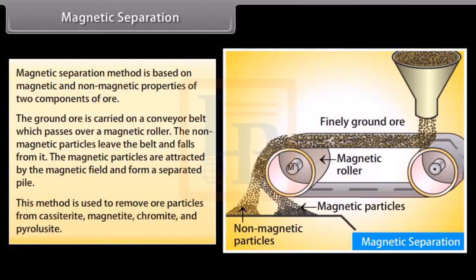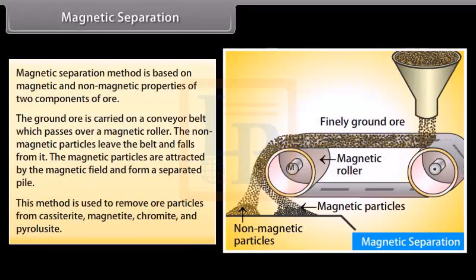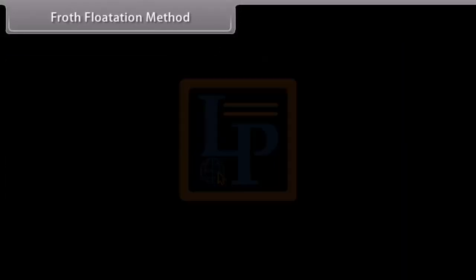This method is used to remove ore particles from cassiterite, magnetite, chromite and pyrolusite. Froth flotation method.